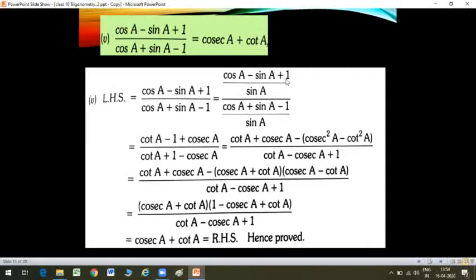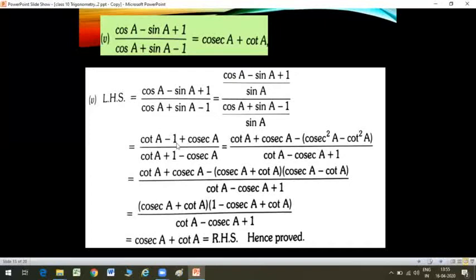Then plus 1 by sin A, this is cosecant A. Same in the denominator, cos A by sin A, it's cot A, plus sin A by sin A is plus 1, minus 1 by sin A, it's minus cosecant A. Then cot A plus cosecant A, we are writing together, you see. First term we are writing cot A and then plus cosecant A. Then minus 1 in the last.